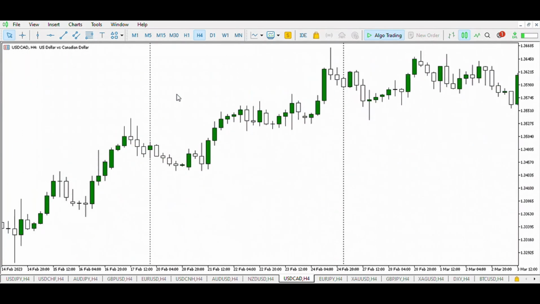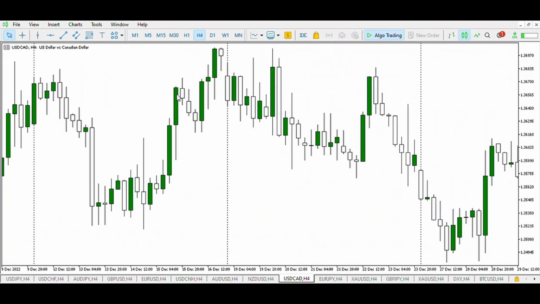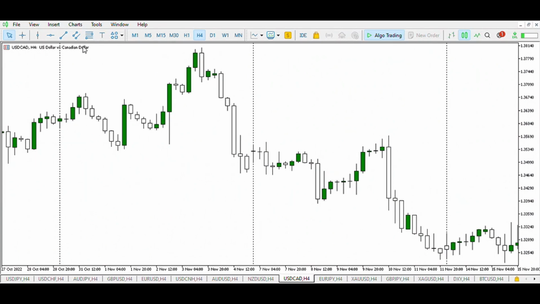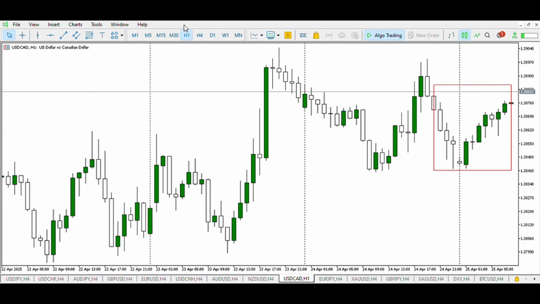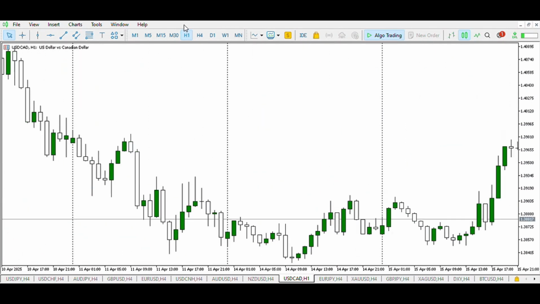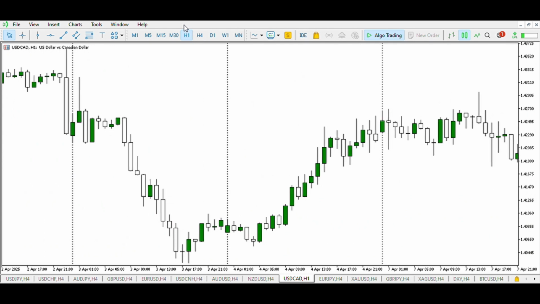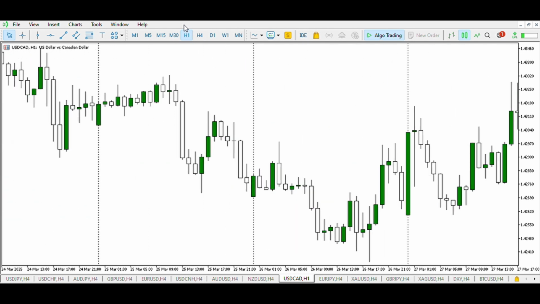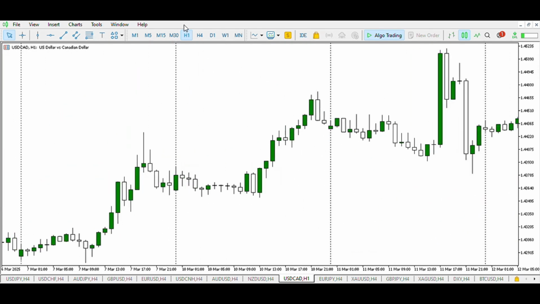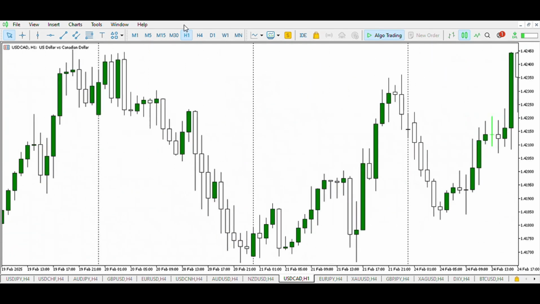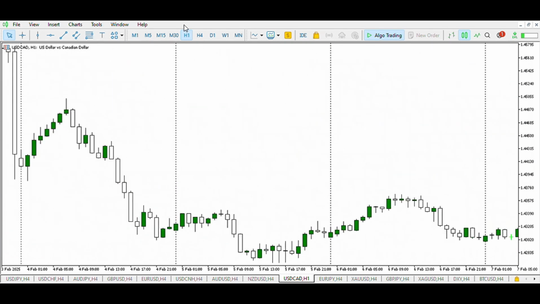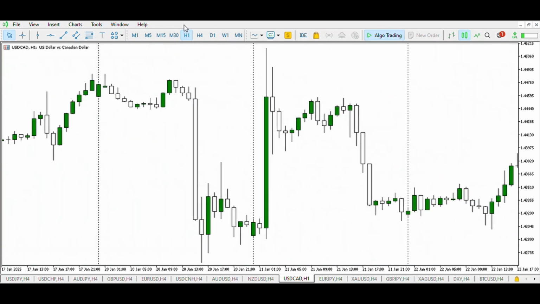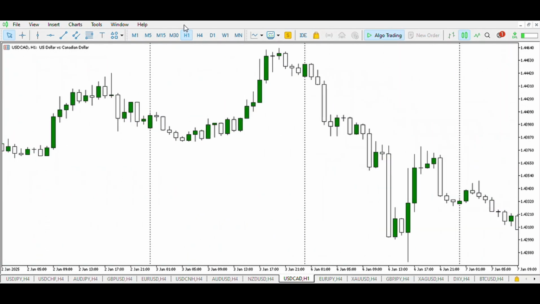Unfortunately, I can't even see the zone where we marked to highlight the king order block. I would love us to see the reaction of price at that zone.